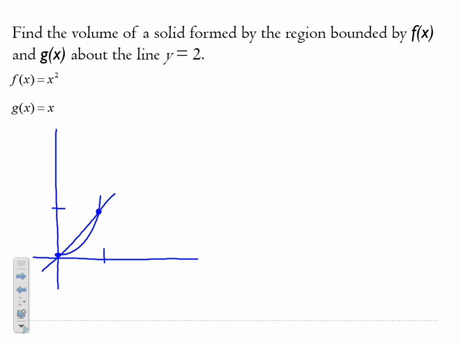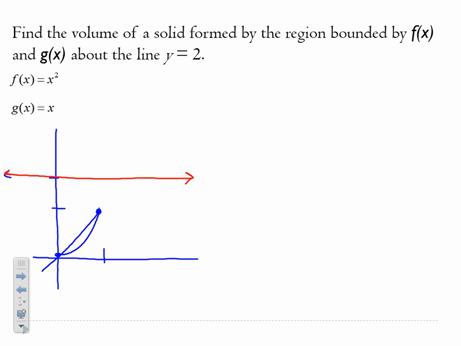Do you agree with my region? It is really small. And I made it really small because we are going to have to rotate it about the line y equals 2.